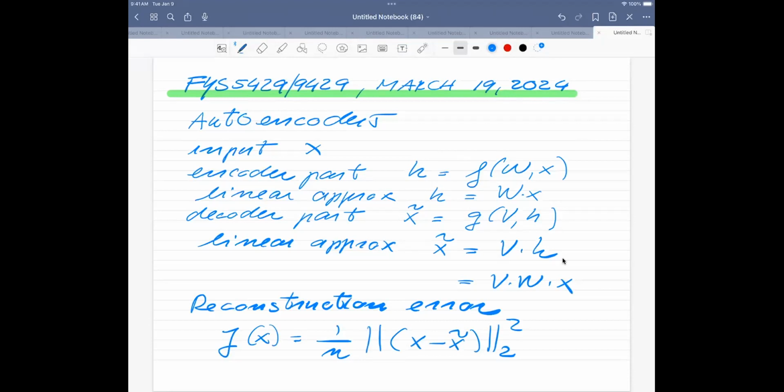Now, in our specific case, this is something which we can write out as X minus V times W times X, squared. What we are going to show now is that this is the same as performing a principal component analysis. We discussed that partly last week. And one of the approaches which we looked at was linking this with ordinary least squares.